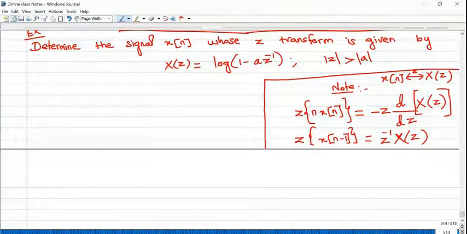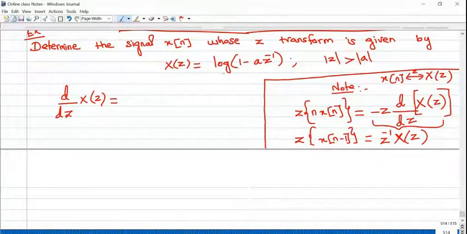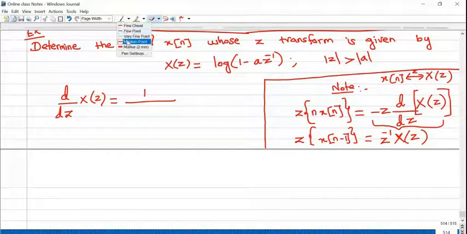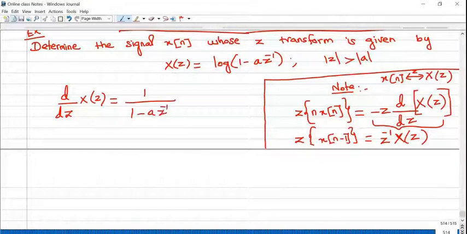Okay. So x of z is given. Try to obtain the expression minus z d by dz. First, d by dz of x of z. X of z is available in the problem: log of 1 minus a z inverse. The derivative of log x is 1 by x, so 1 by 1 minus a z inverse, that is, 1 divided by 1 minus a z inverse. Again, you have to differentiate this particular term, so you will get a z power minus 2.